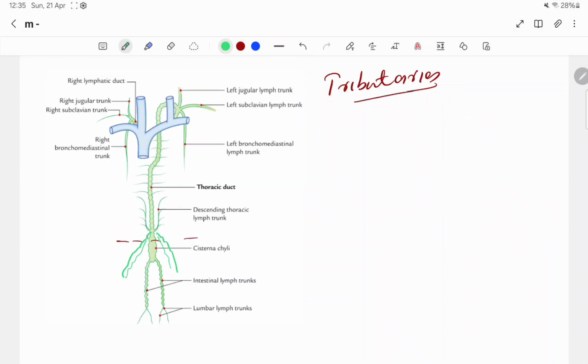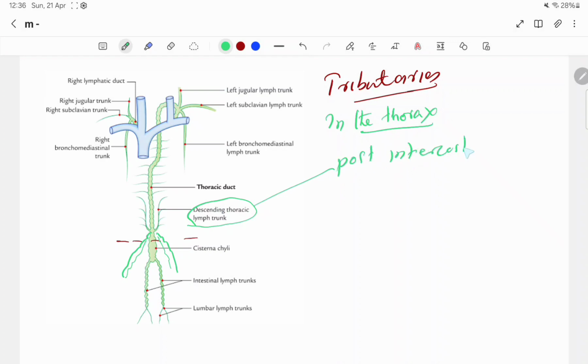What are the tributaries of this thoracic duct? In the thorax, the first one is a pair of descending lymphatic trunks, coming from the posterior intercostal nodes.